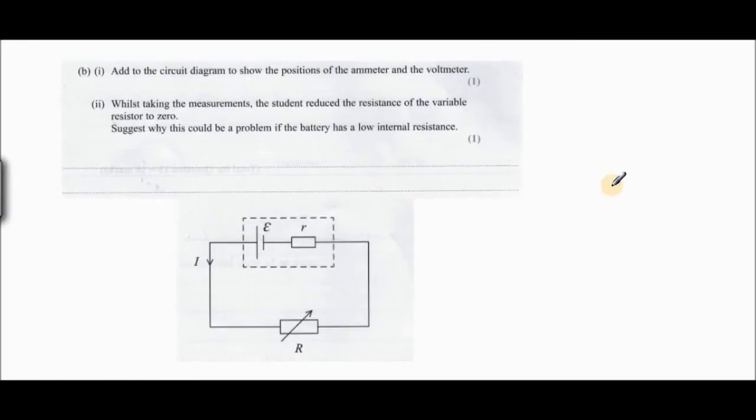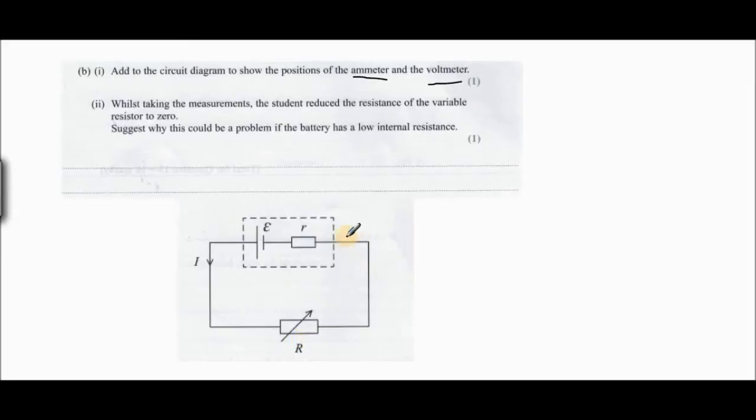Okay, part B. Add to the circuit diagram to show the position of the ammeter and the voltmeter. A typical question that generally comes in electricity questions. We need to mark or draw the position of the voltmeter. The ammeter is always connected in series, and this is the battery, this is the resistor.